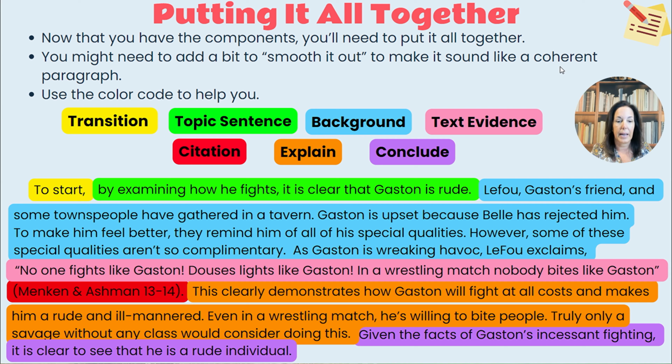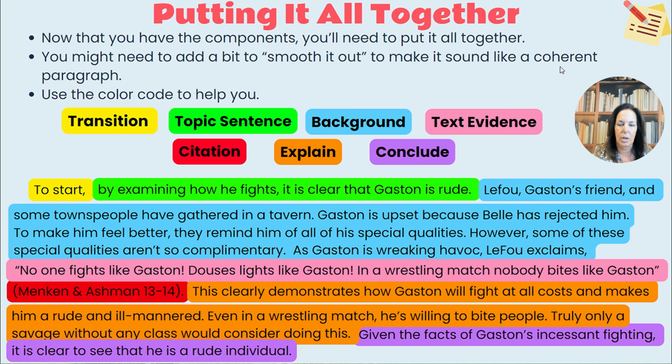To start, by examining how he fights, it is clear that Gaston is rude. LeFou, Gaston's friend, and some townspeople have gathered in a tavern. Gaston is upset because Belle has rejected him. To make him feel better, they remind him of all of his special qualities. However, some of these special qualities are not so complimentary. As Gaston is wreaking havoc, LeFou exclaims, "No one fights like Gaston, douses lights like Gaston.